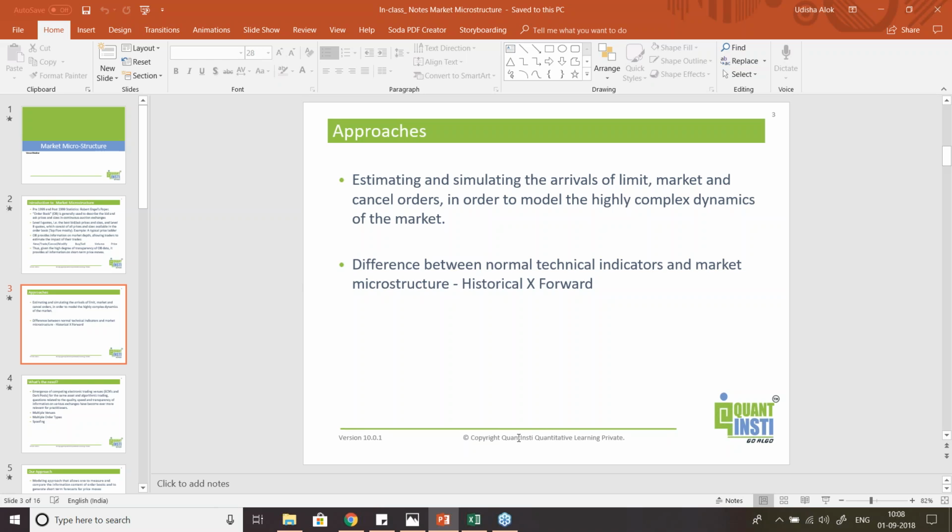There are exchanges like ICE, Intercontinental Exchange, that also give the entire order book. But yeah, every order that goes into the exchange. But if its depth is much deeper, then there is no point in actually getting the data if you are doing algorithmic trading. So generally people avoid that. Yeah, but exchanges do provide the entire data.